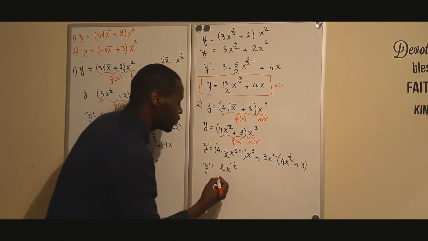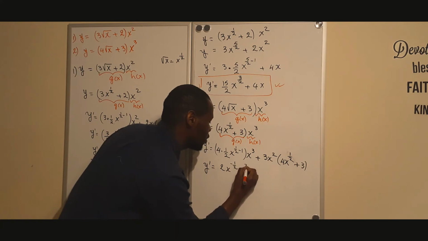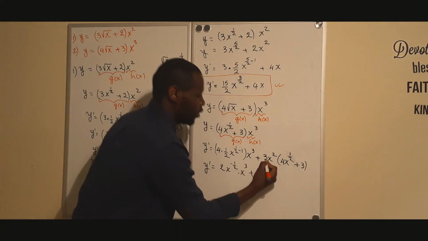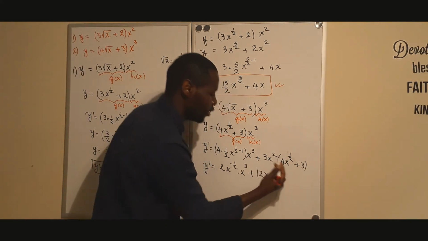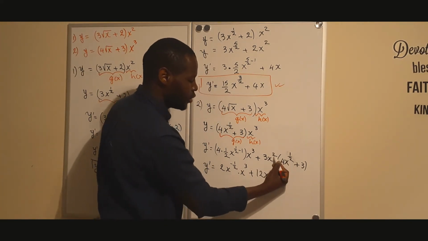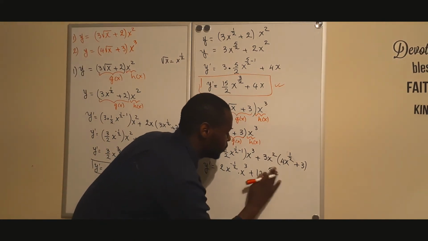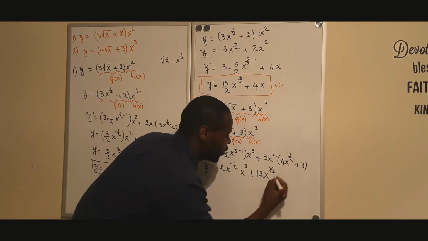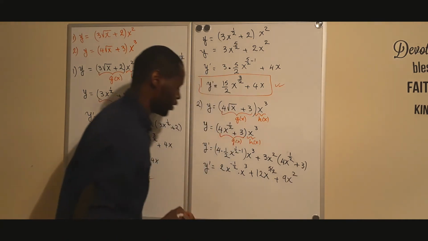All of that multiplied by x cubed plus, this is 12, 1/2 plus 2 is 5 halves, x to the 5 halves plus 9x squared.